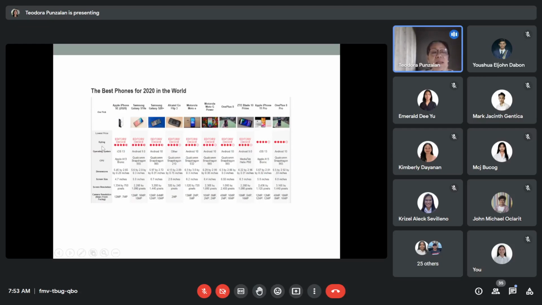So, may I say na ratings, operating system, CPU, dimension, screen size, screen resolution, and camera resolution. So, those are the key areas for which the phones are to be compared. Okay, the discussion is not here. It's just trying to present the raw information about the phones. I don't think the information here are arranged. Wait for a while. Not arranged yet. Okay? So this is raw.